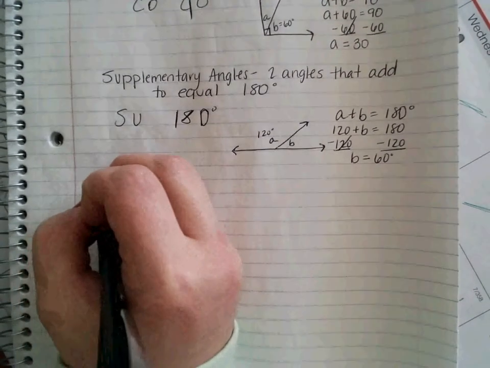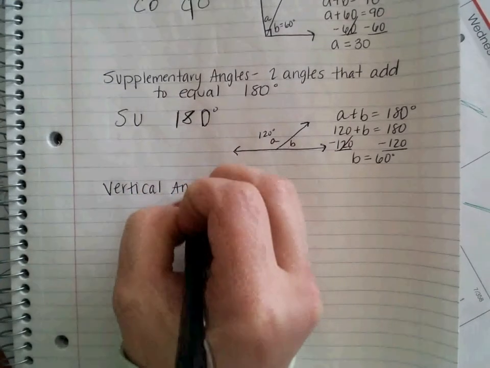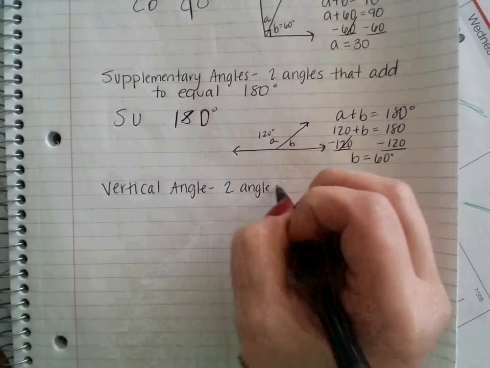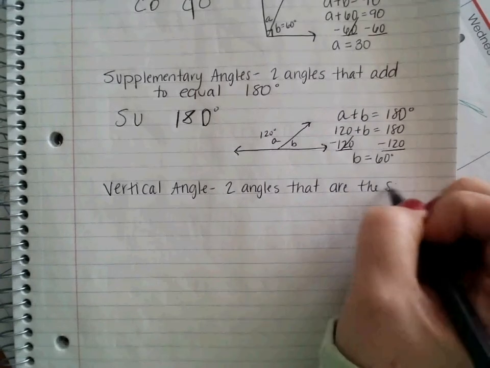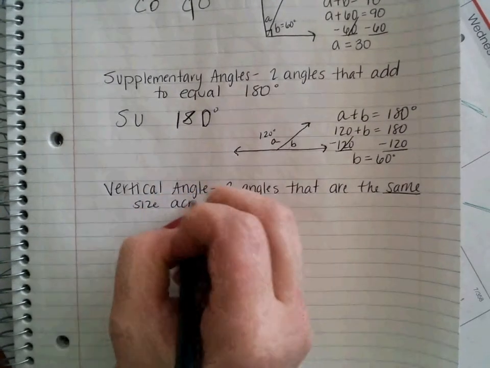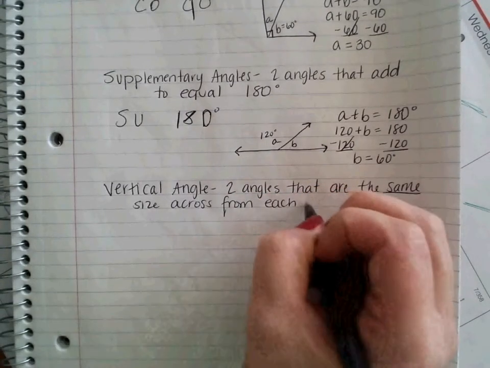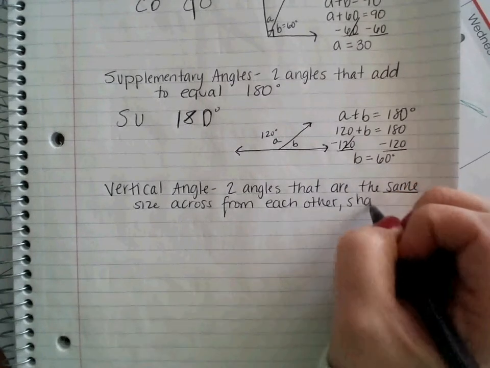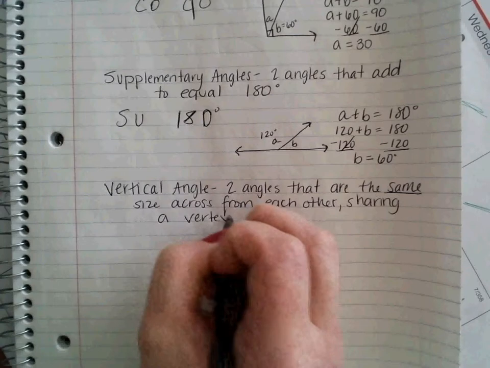The next one we're going to talk about is a vertical angle. And vertical angles are 2 angles that are the same size across from each other, sharing a vertex.